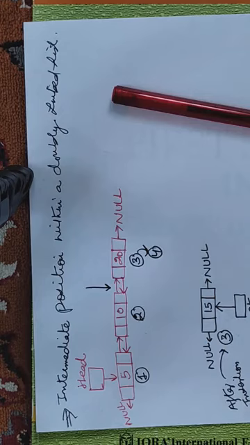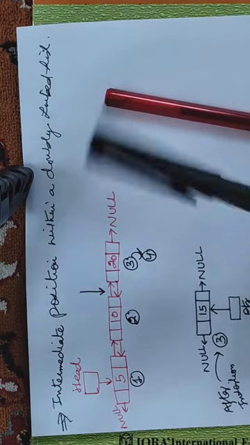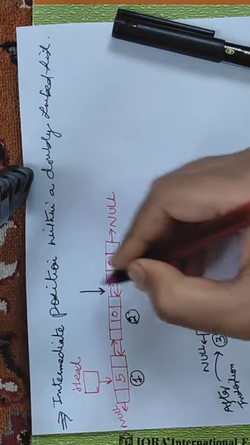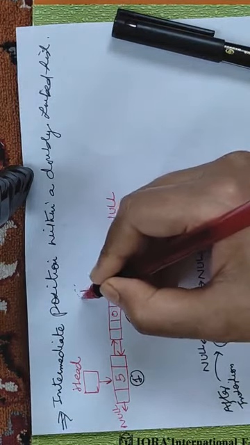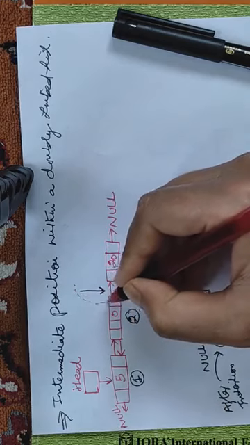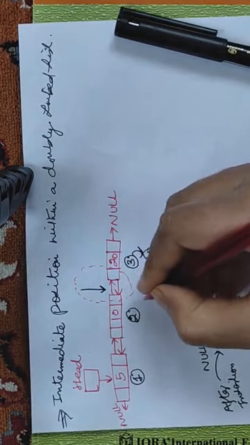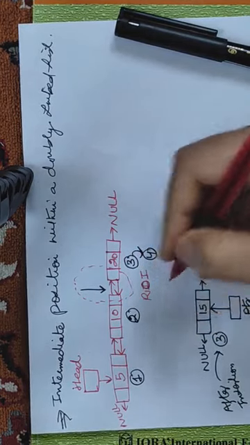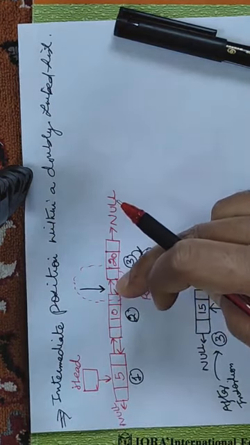So our region of interest is this. So let us call this region ROI. This is our region of interest. So we will have to pick this node and insert it here.